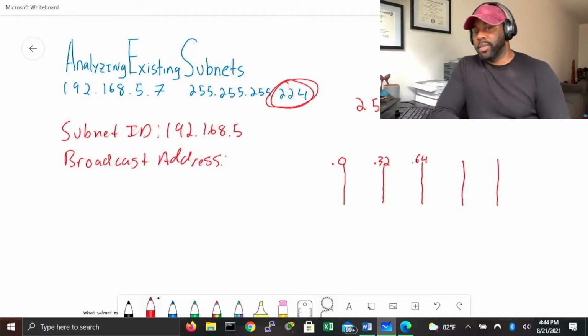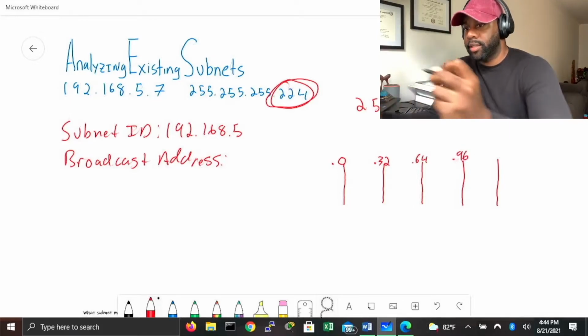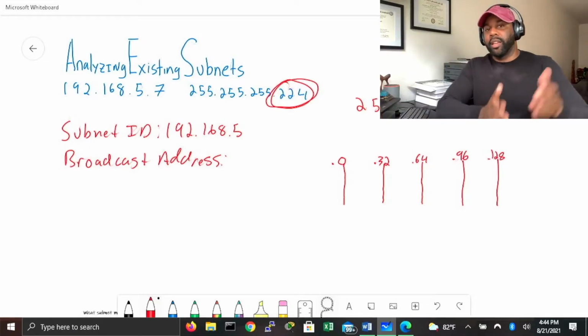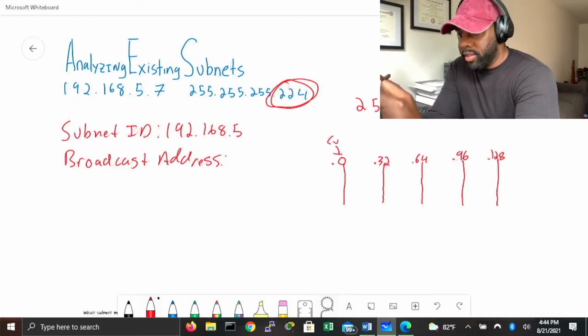You're kind of seeing what's happening here, it's multiples of it. .96, this is what it's looking like, and I don't feel like doing the math, I think the next is .128. You're seeing it, it's starting to break up. These are the subnet IDs.